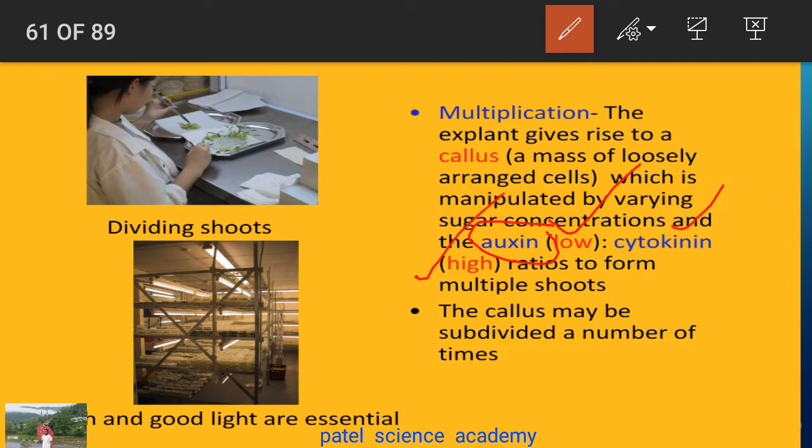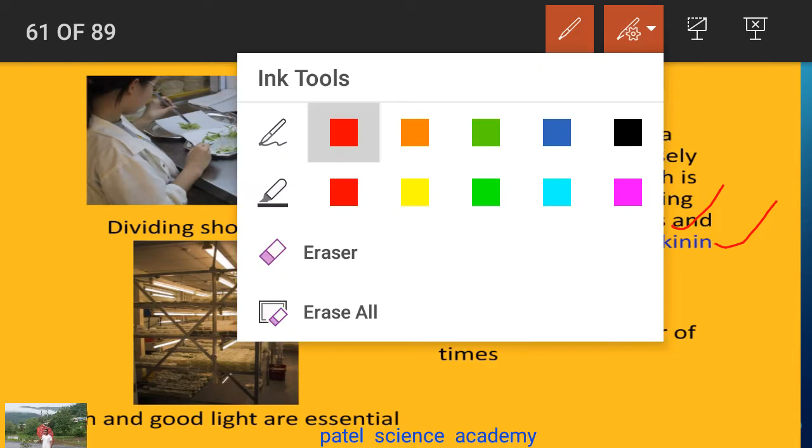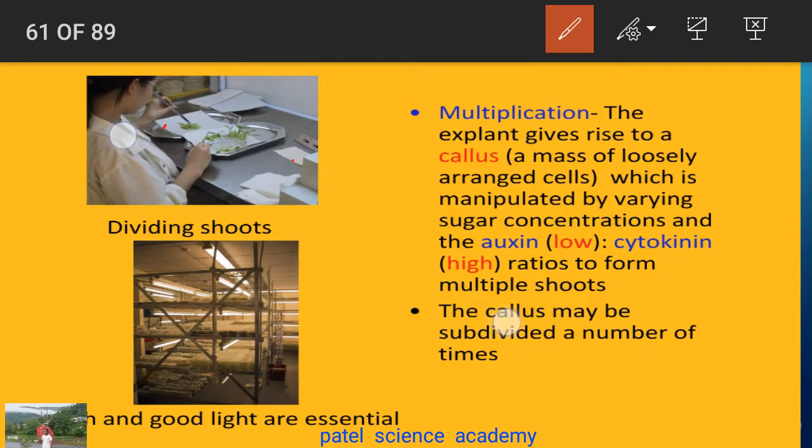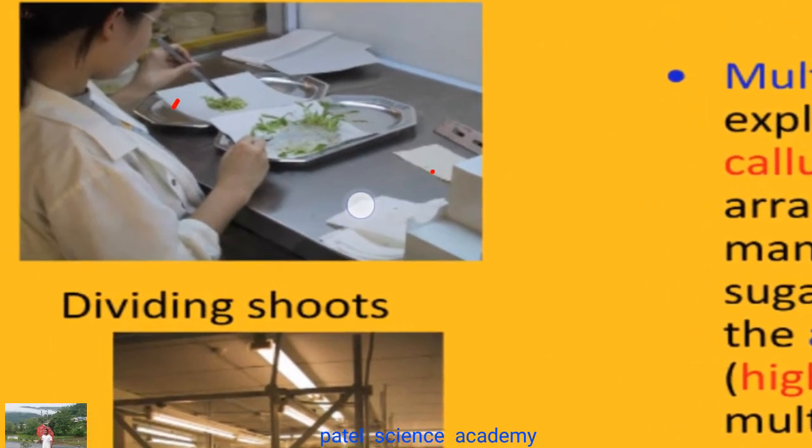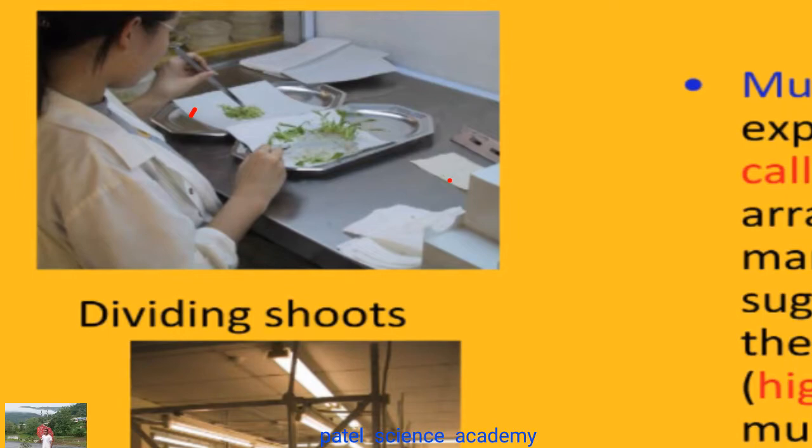When these two hormones are added in this ratio, auxin is low and cytokinin is high, so in that condition the shoot system is developed, not the root system. So here you can see the shoot system has developed but not the root system.